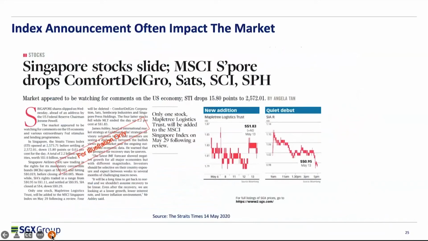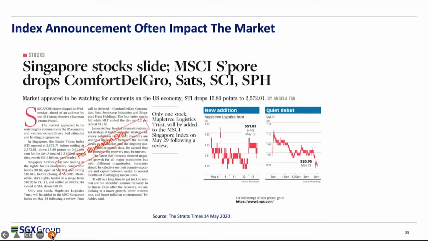Singapore stocks slide. This is taken from the Straits Times back in 2020. The reason: MSCI Singapore drops ComfortDelGro, SATS, SCI, and SPH. Just one announcement like that, the STI drops 15.80 points. And this is an announcement simply by an index provider, right?